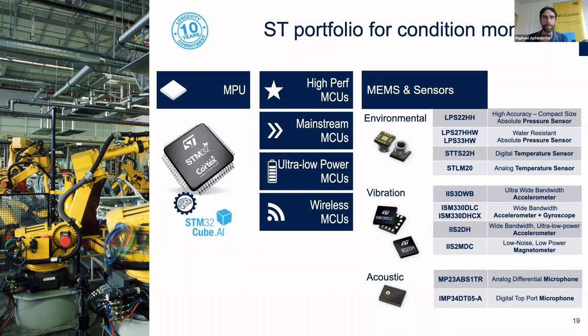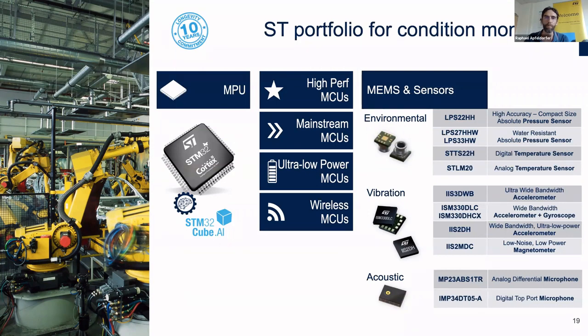You have the wireless MCUs that also incorporate connectivity inside the MCU SoC, with BLE or LoRaWAN support. And then we have the mainstream MCUs that are used for real-time control applications such as motor control and power conversion designs, and ultra-low power as well, with dynamic voltage scaling to balance between power consumption and processing demand.